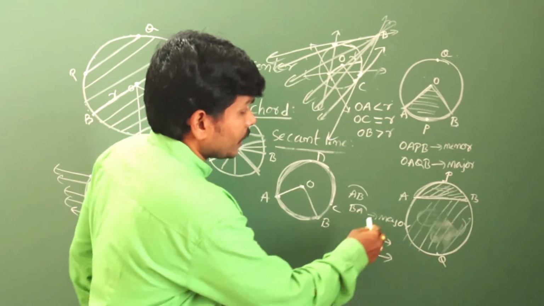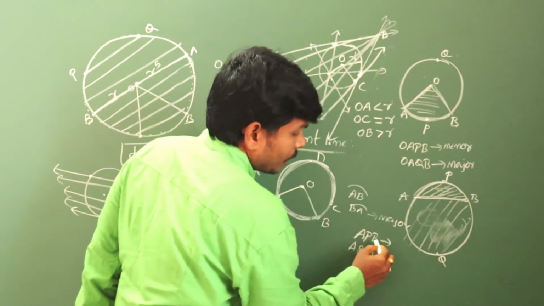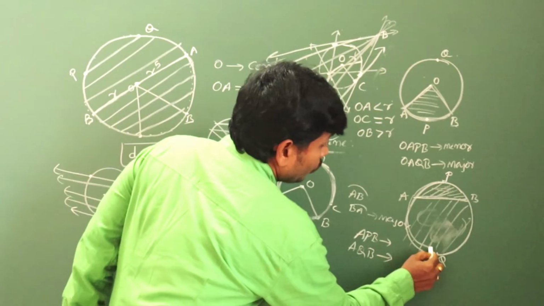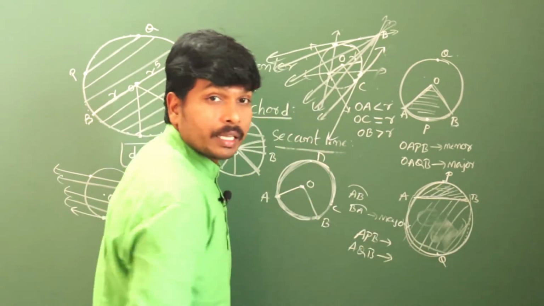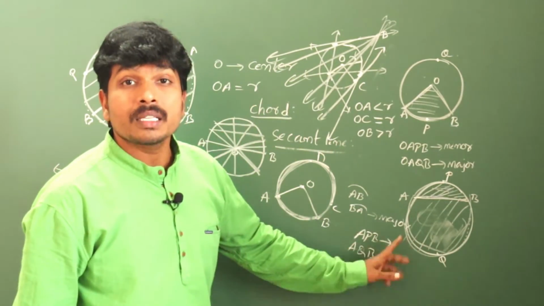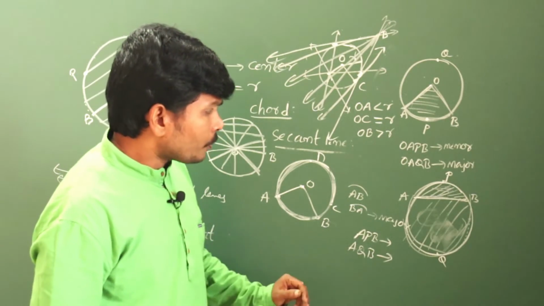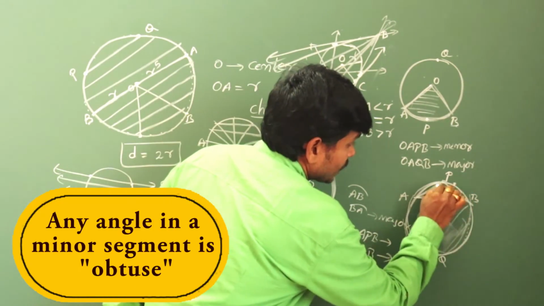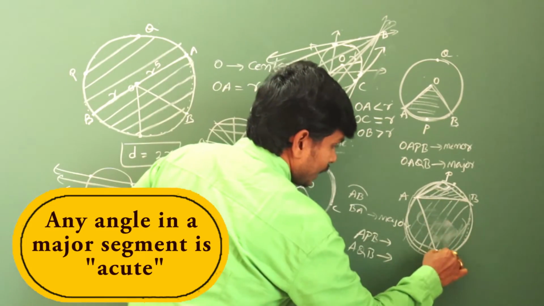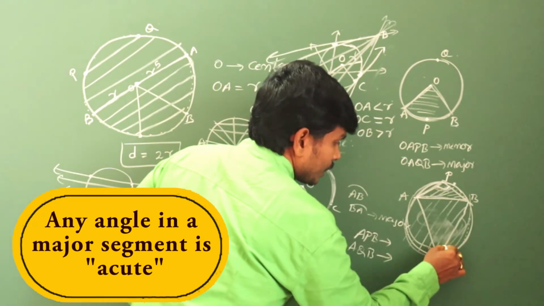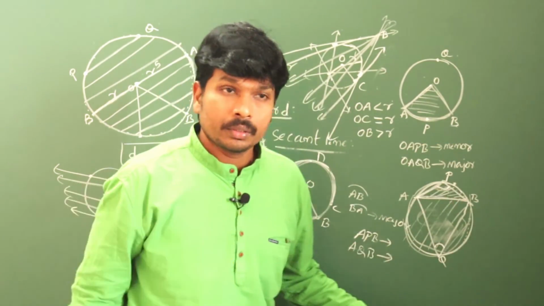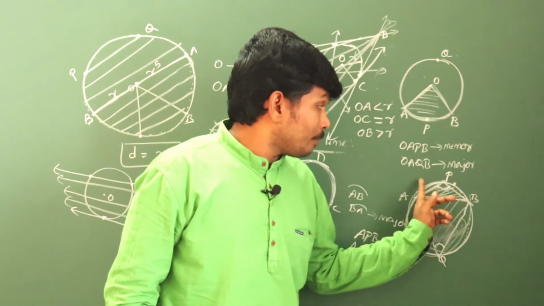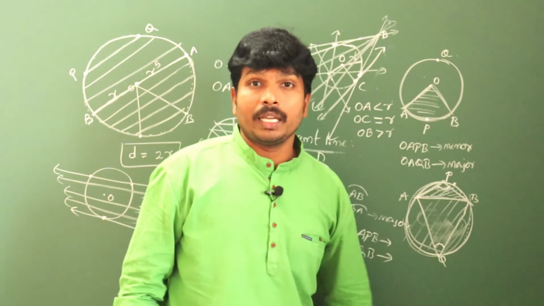Now observe, region APB is the minor segment and AQB is the major segment. Any angle in a minor segment is obtuse. The angle in a major segment is acute.